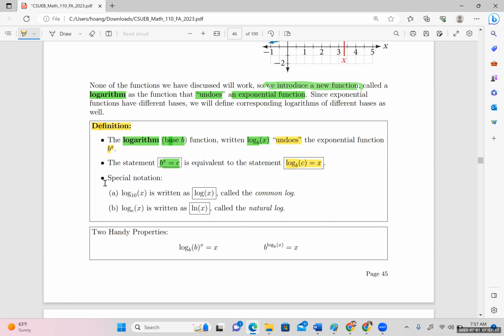So think about when you have the exponential form b raised to x equals c and you want to find x, right? So it's the same as asking, what is the power of b to get c? It's the same meaning.